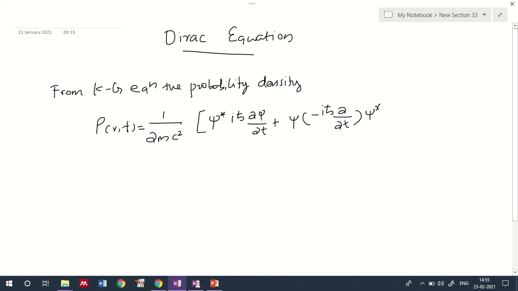Okay, so this is the probability density, which can be written as 1 by 2mc square, in terms of i h cross dou psi by dou t.